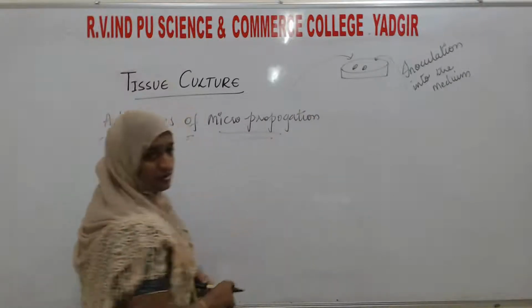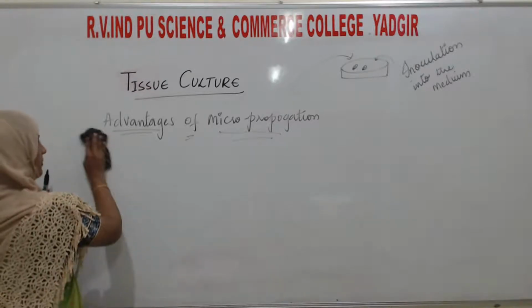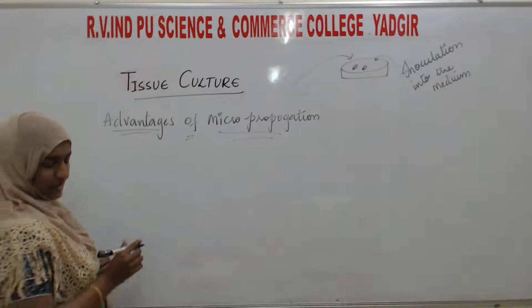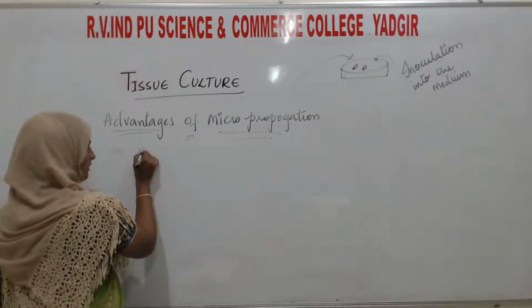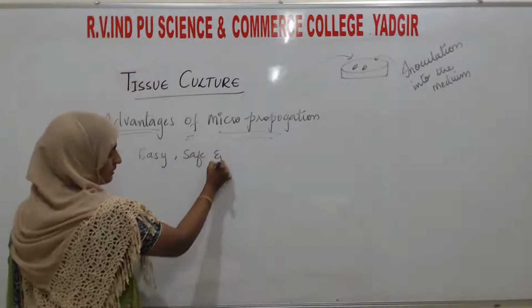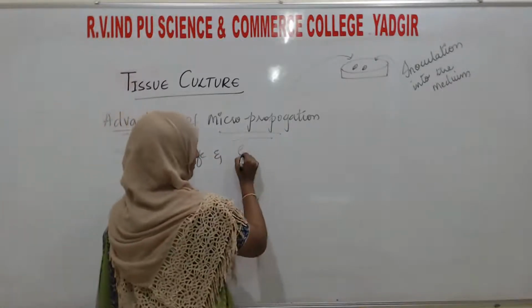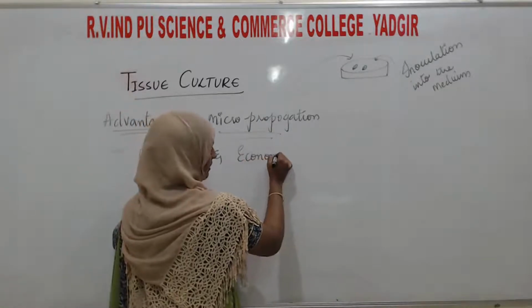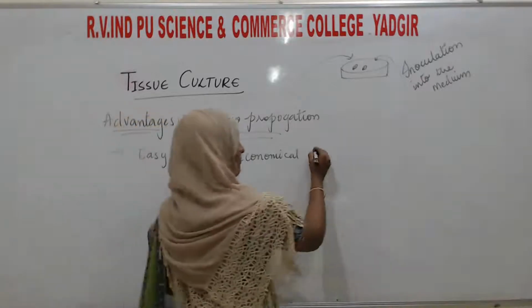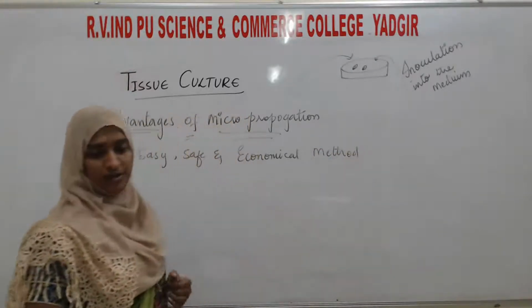What are the advantages of micropropagation? The first is that it is an easy, safe, and economical method of propagation for the production of many plants.